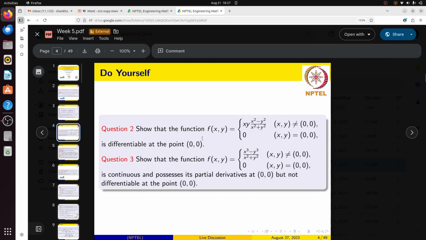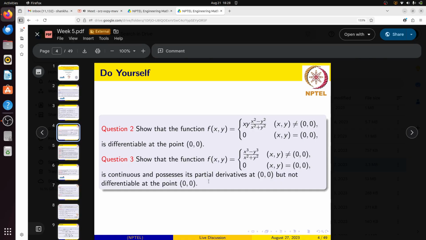Now I have some problems. I request you to please solve. The function f(x,y) equals (x square minus y square) by (x square plus y square) when (x,y) is not equal to (0,0), and equals 0 when (x,y) equals (0,0). Is it differentiable at the point (0,0)? Can you solve it? The problem is the same. You need to show that this is differentiable at (0,0).